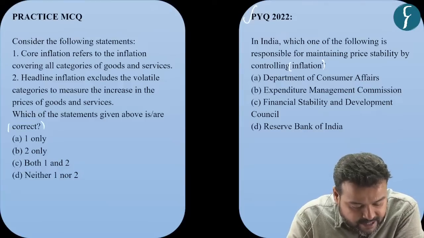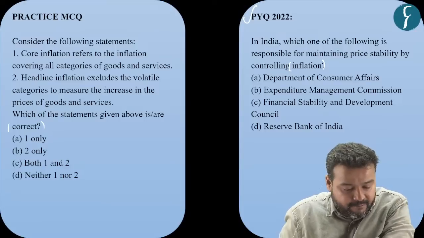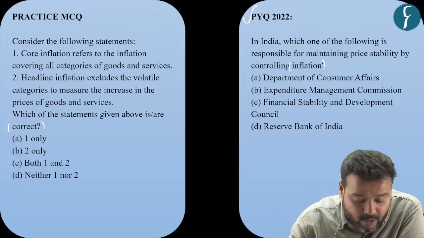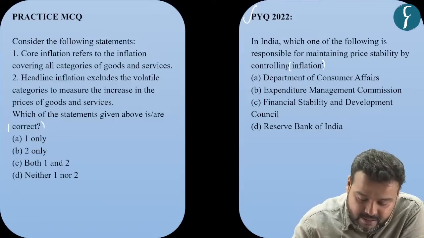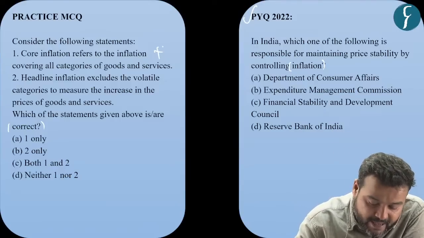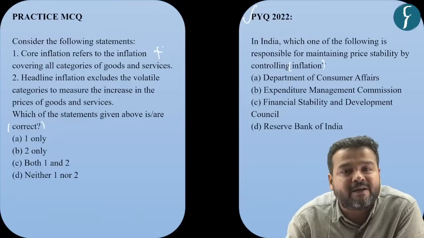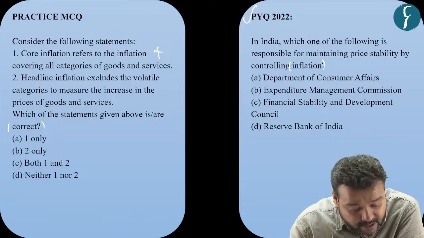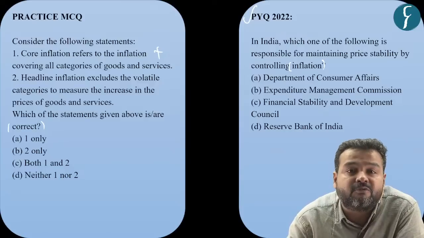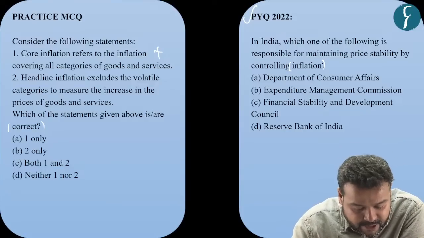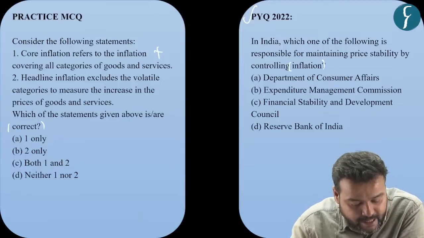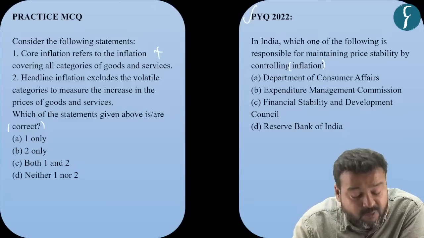Now, the first statement says that core inflation refers to the inflation covering all categories of goods and services. This statement is incorrect, as it is more related to headline inflation, which covers all categories of goods and services. The second statement says the headline inflation excludes the volatile categories to measure the increase in the prices of goods and services.